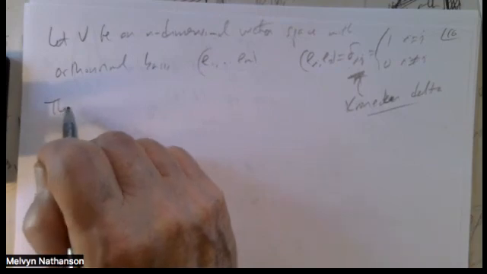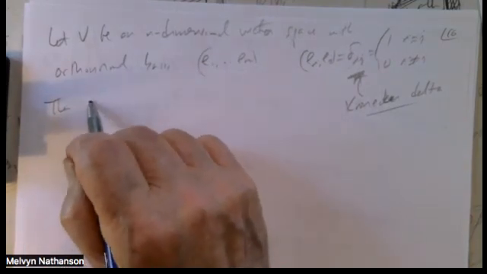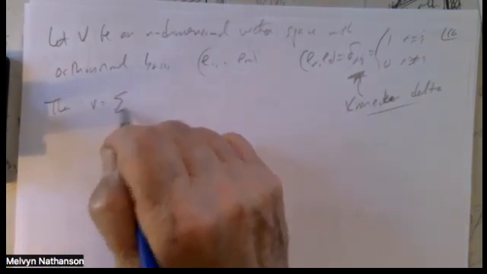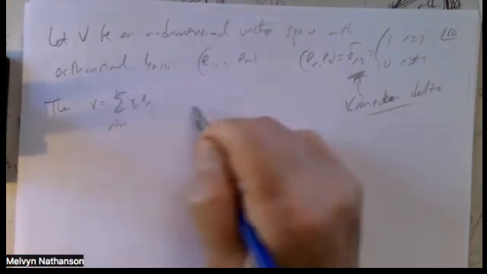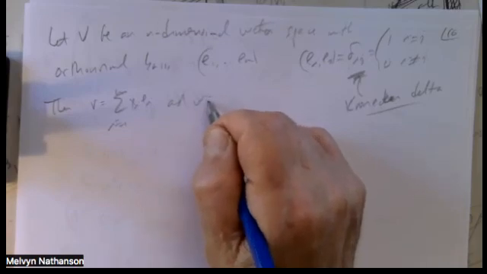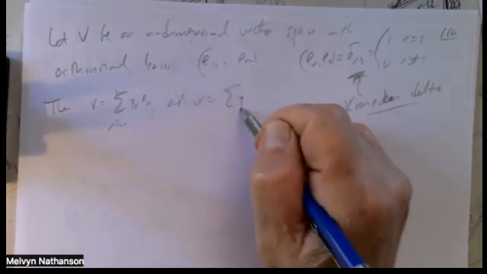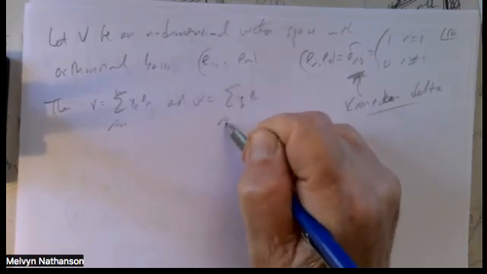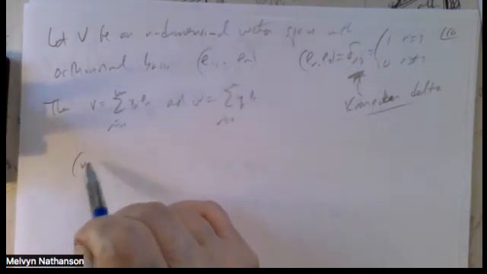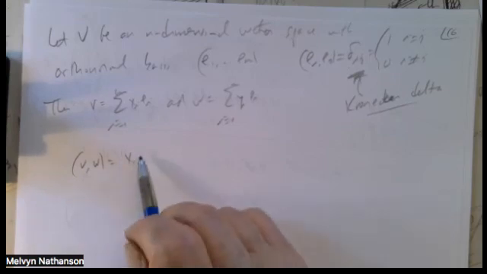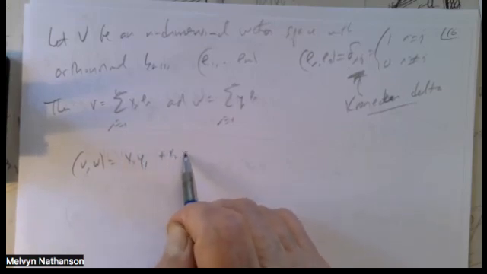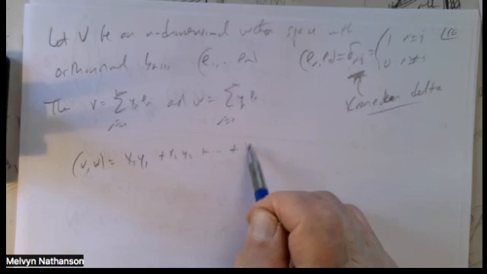Then, if V is the vector summation xi ei, and W is the vector summation yi ei, then the inner product of V and W is exactly the familiar inner product x1 y1 plus x2 y2 up to xn yn.